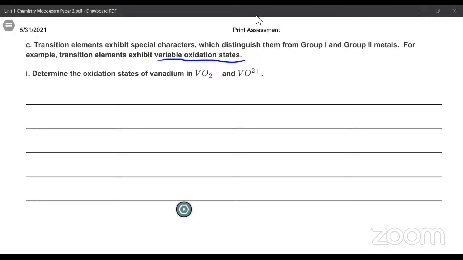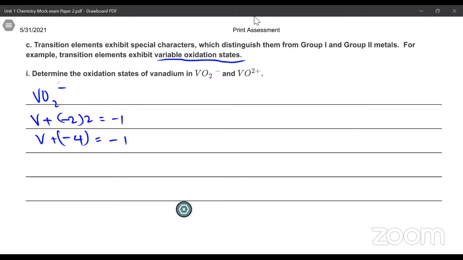Let's deal with the VO2 minus first. Again, write an algebraic expression for this. So V plus -2 times 2, because there are 2 oxygens, is equal to the charge here, which is -1, even though we don't write the 1. And you'll have -2 times 2 being -4. Vanadium plus that is equal to -1.